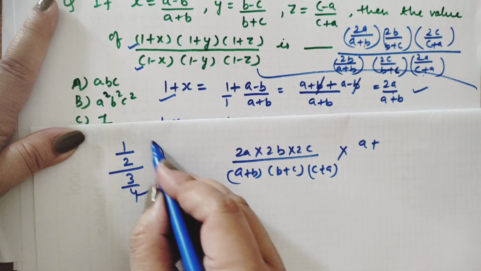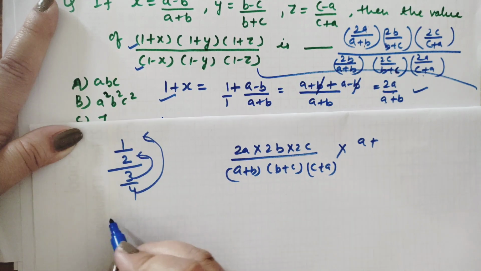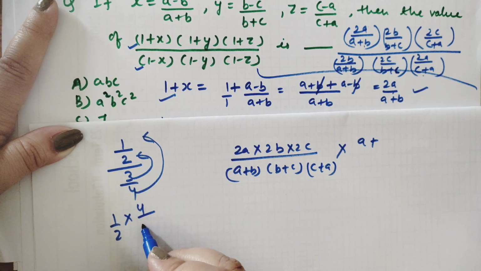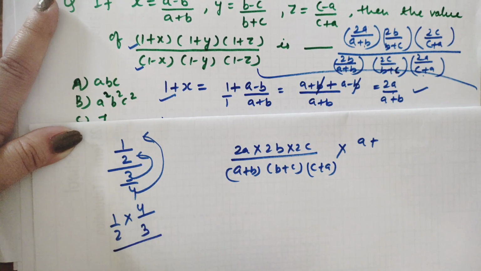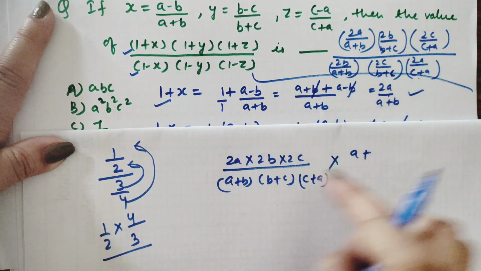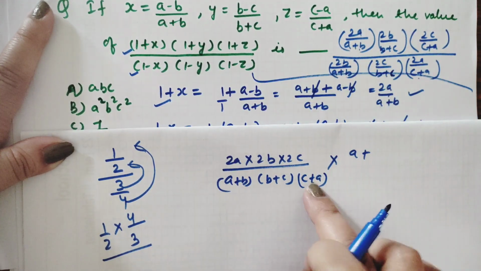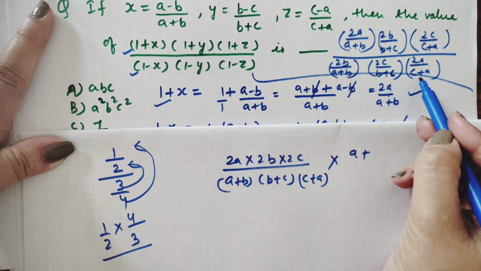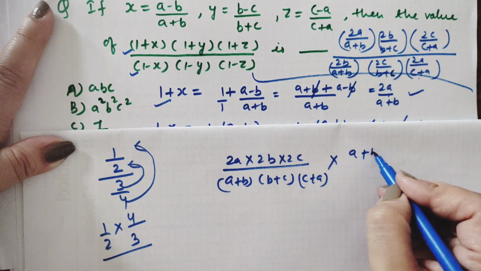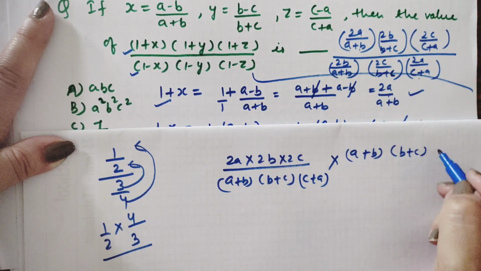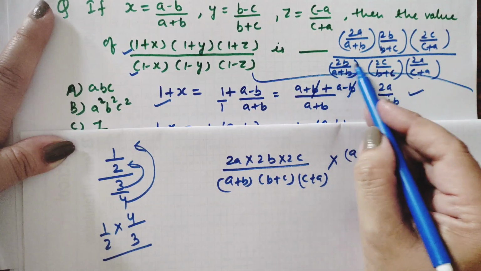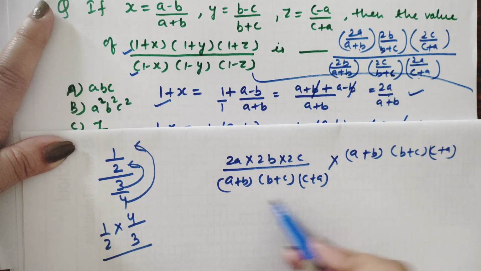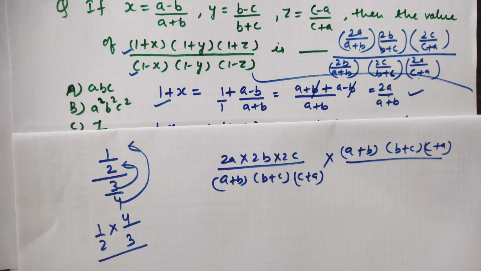This 4 goes up and this 3 goes down: 1 by 2 multiplied by 4, and 3 multiplied with the denominator. Similarly, we write this term as it is, and the denominator part goes up, and the numerator part goes to the denominator.